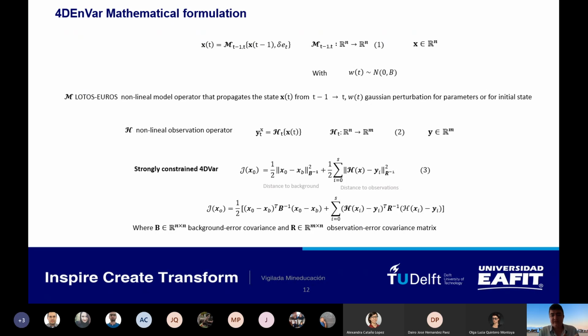Let's summarize the methodology, the 4D-Var methodology. We have a model. This is the representation of a model that propagates states in time, from the previous time to the future time, with the nonlinear model operation.